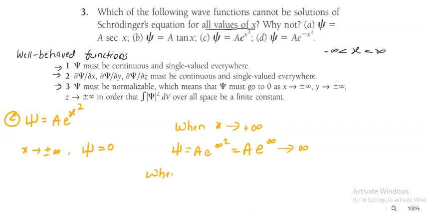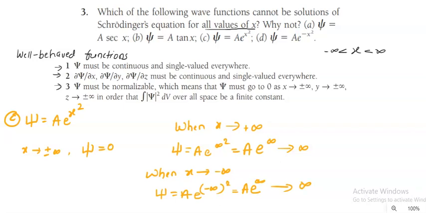So when x tends to negative infinity, then psi is equal to A into e to the power negative infinity the whole square. So negative of square becomes positive, so we get e to the power infinity. So this will also tend to infinity.